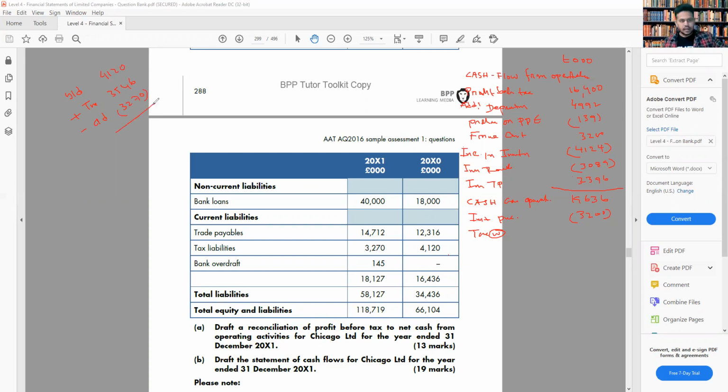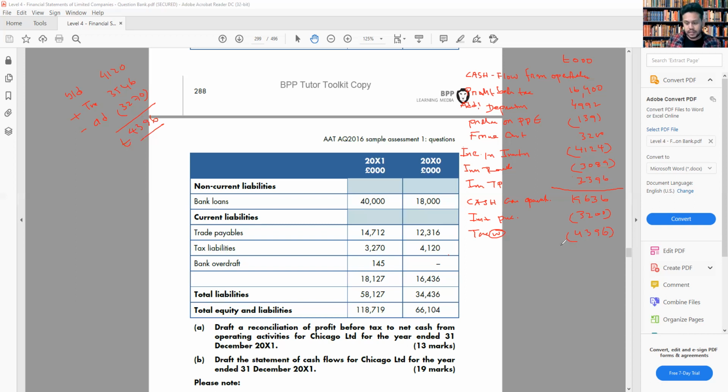So let's find it out. 4120 plus 3546 minus 3270. So that gives me 4396. So I actually paid 4396. This is the amount I paid. So opening plus this year less the closing. So the tax I paid, 4396.